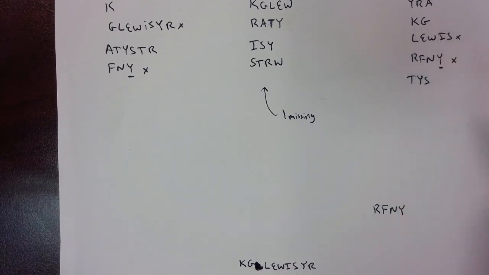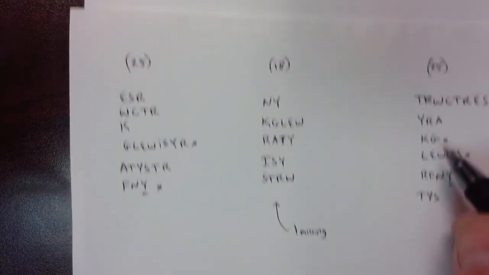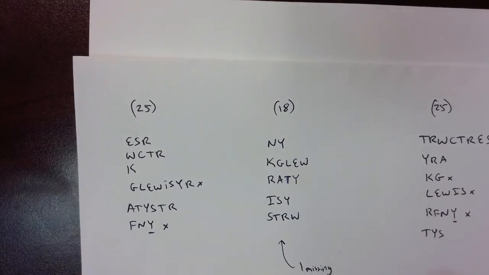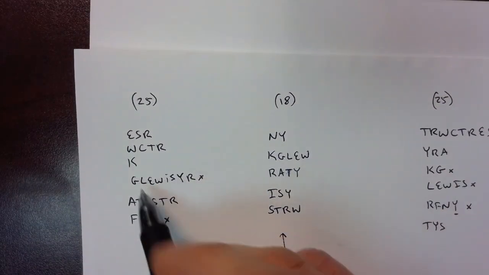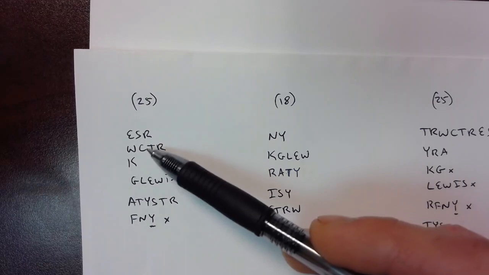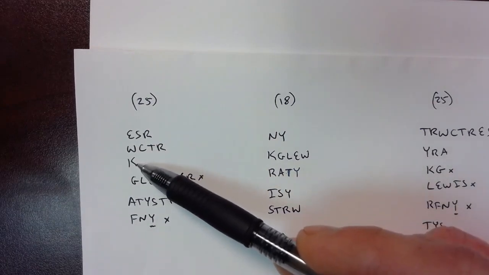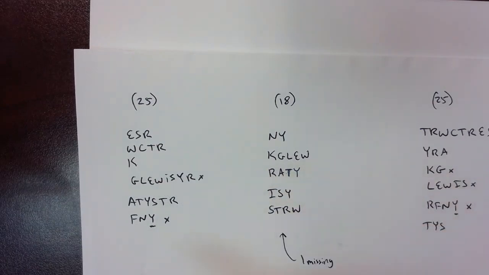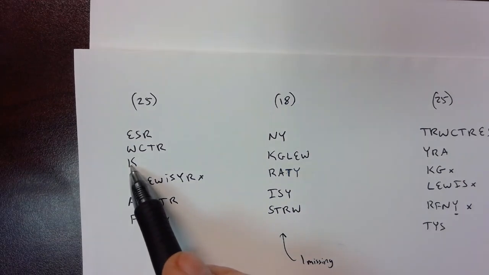So at this point I've used this one, and I've used this one here. So where do I find a K? Oh, there's a K right there. So that's interesting. That must be the first amino acid.